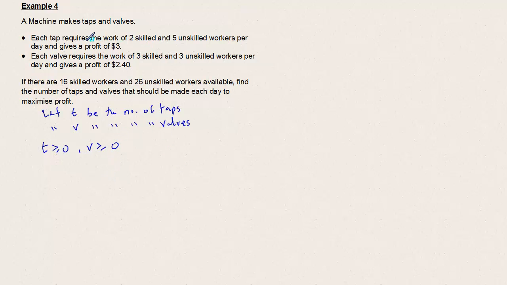And if we look at the tap, it's going to require 2 skilled and 5 unskilled workers, and the valve 3 skilled and 3 unskilled workers. So if we consider the skilled workers, every tap is going to require 2 of those.